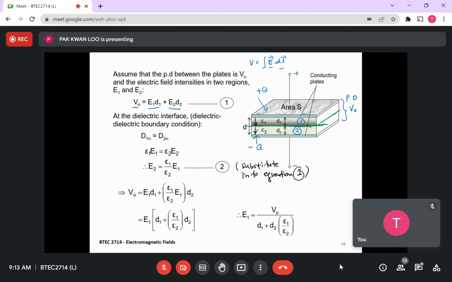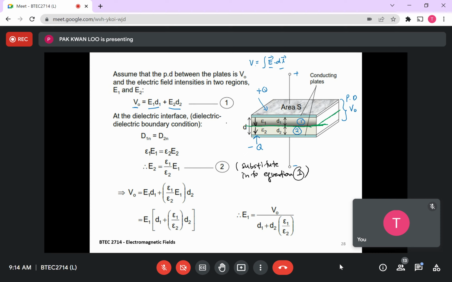Then we need to do some algebraic manipulation, and eventually we relate E1 with the potential, as well as the dimensions of the plates: the dielectric thickness D1, dielectric thickness D2, and the permittivity of the dielectric materials.